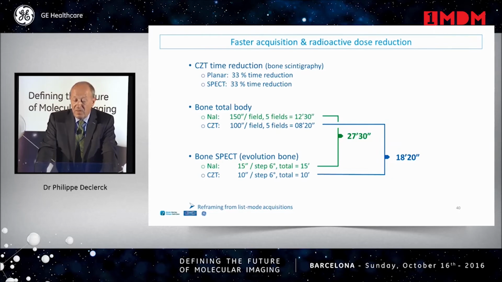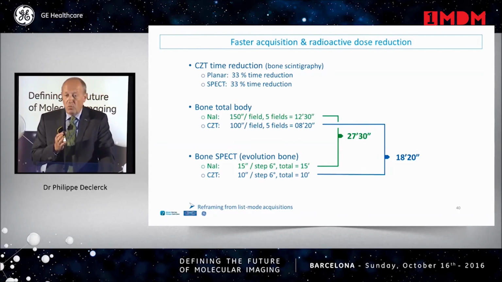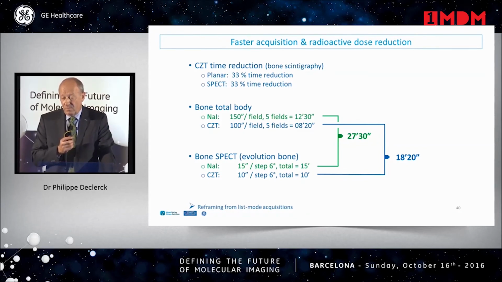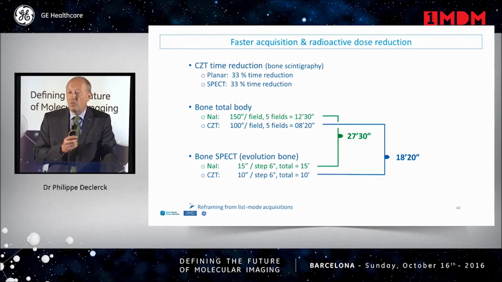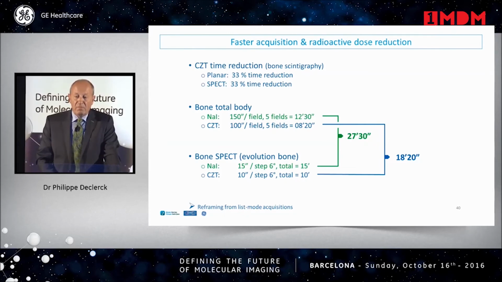SPECT, 50 seconds, and with CZT, we would go to 10 seconds, which makes that with the photomultiplier, the analog system, we would do a total bone scan, with SPECT, in 27 minutes. Now we can reduce to 18 minutes. And as I told you, this is only the beginning. Next step will be to reduce to 50%. And I have seen images from my colleague, Professor Bénergé from Lyon, going lower than 50%.